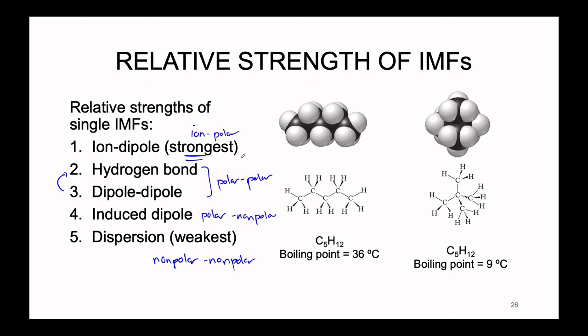And there we go. I just quickly filled in the rest of the polar, nonpolar, polar, polar, ion polar in reverse respect. All right, so again, the relative strengths of the single intermolecular forces are just that.